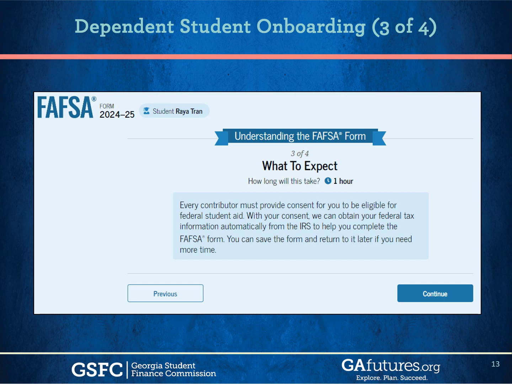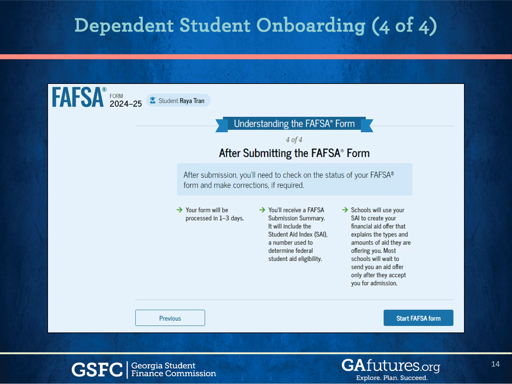The third FAFSA onboarding page provides information about the types of questions the student can expect to see and how they can get additional help with filling out the FAFSA form. The last FAFSA onboarding page provides information about what to expect once the FAFSA form is completed and submitted. On this page, the student can select Start the FAFSA form to begin.